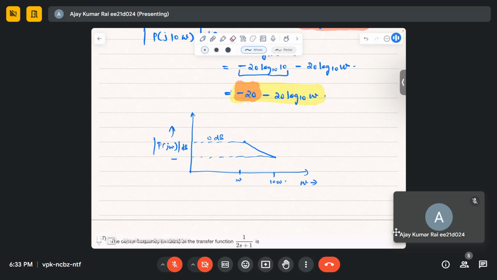Let's not go into what the exact magnitude is, but you get it, right? The magnitude decreased by 20 dB in 1 decade. So this is 1 decade, and this is 20 dB. So we can say the slope is minus 20 dB per decade.